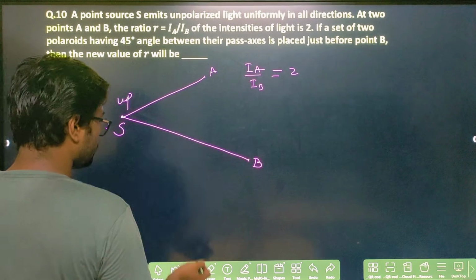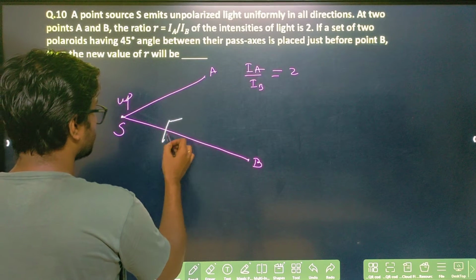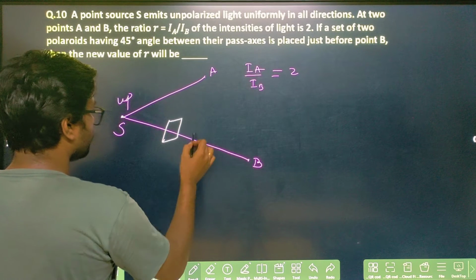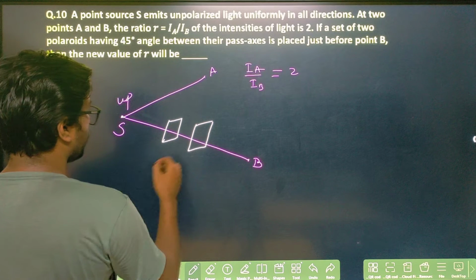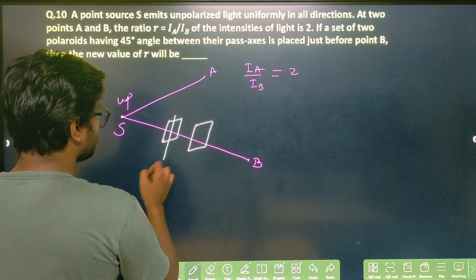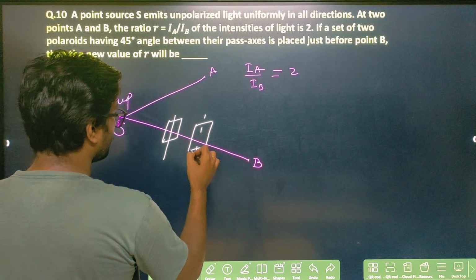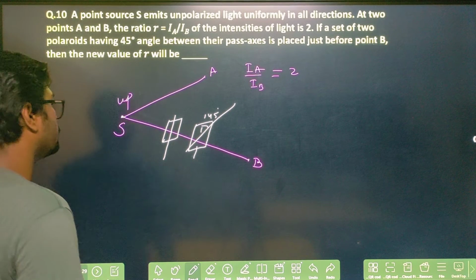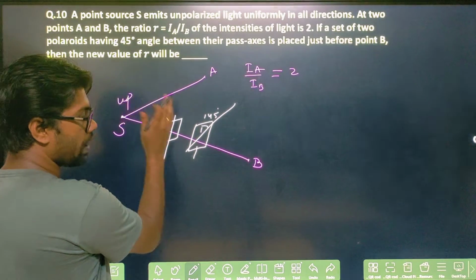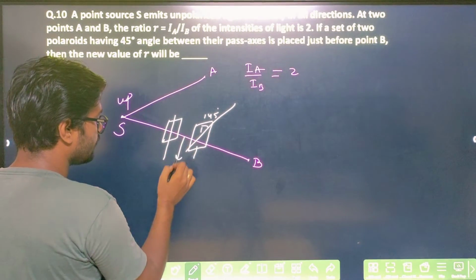You have to, it's very easy, right? So you will say that there is one polarizer you put and there is one polarizer you put. Two polarizers you are putting, and if the pass axis is along this direction, here it will be 45 degrees to this one, this they are telling. So this is unpolarized light, first polarizer. The intensity here will be how much?